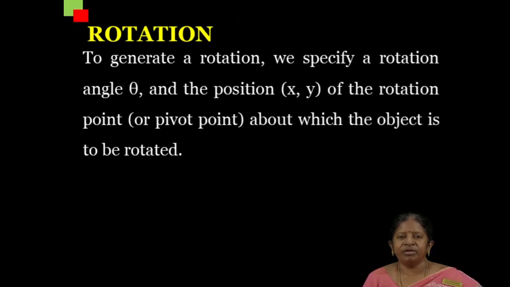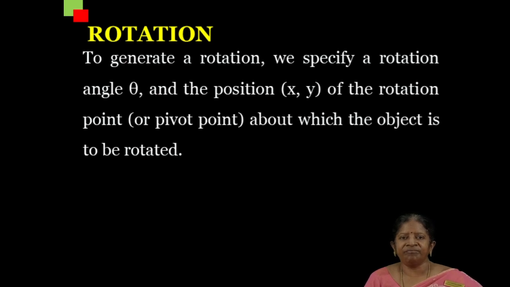So, we are going to apply the rotation about one pivot point. Usually, we will select the origin as the pivot point and apply the rotation. If you want to rotate about an arbitrary point other than the origin, first we will transform the object in such a way that the lower left corner of the object coincides with the origin.